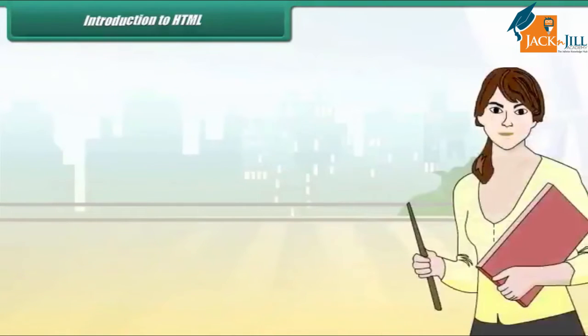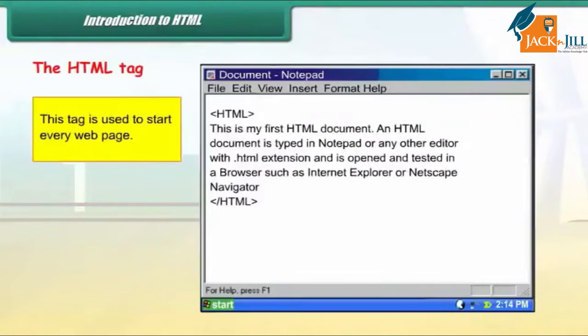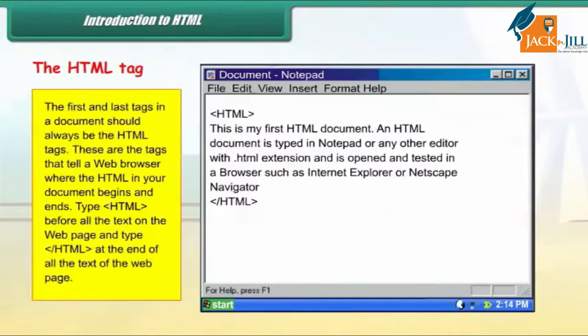The HTML tag. This tag is used to start every web page. The first and last tags in a document should always be the HTML tags. These are the tags that tell a web browser where the HTML in your document begins and ends.